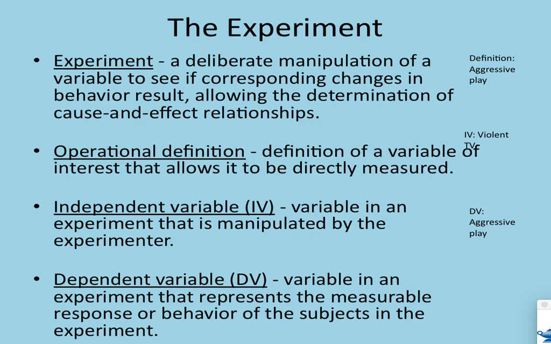Dependent variable represents the measurable response or behavior. So, yes, your dependent variable is the students stealing candy. Okay? Can you steal candy if there's no candy to steal? No. So, you can't have the dependent variable unless you have an independent variable.